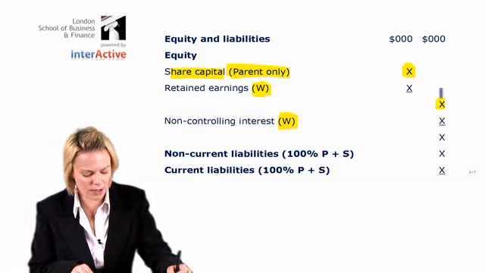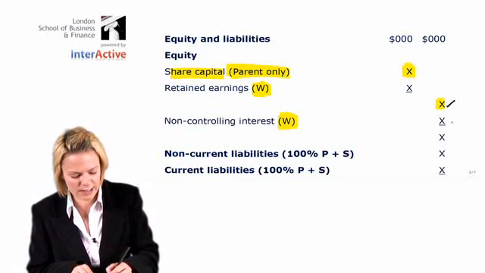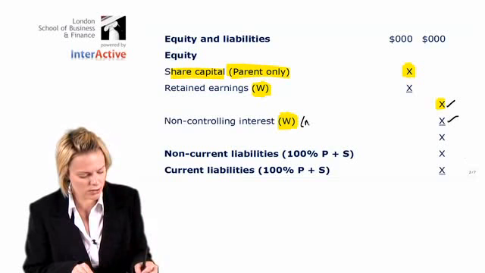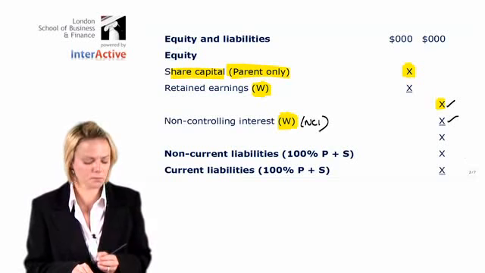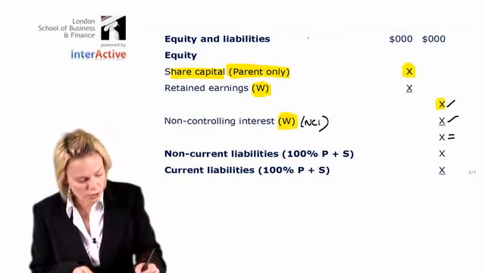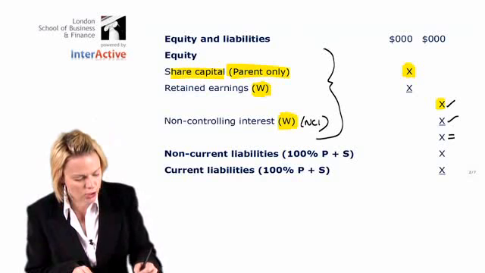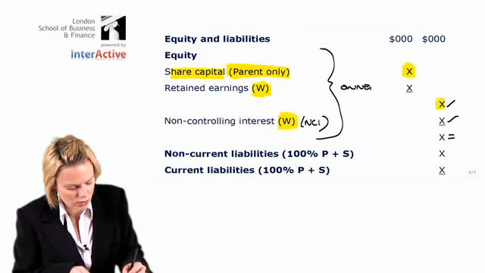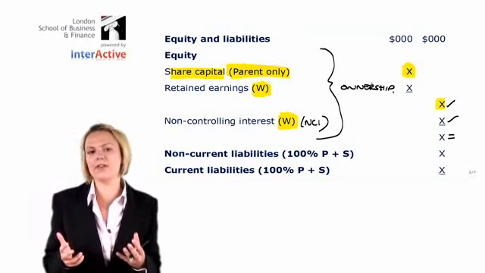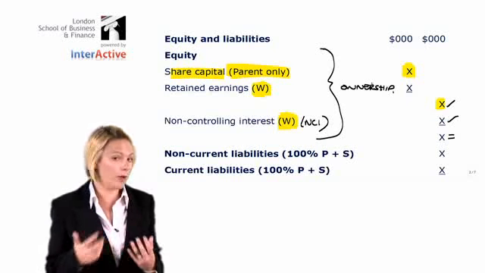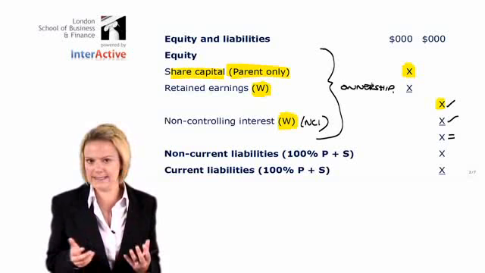The important thing to note, though, is that the parent's equity plus the NCI, the non-controlling interest, so I'll just abbreviate that to NCI, is going to equal group equity. Which means then that equity in the consolidated statement of financial position is based on legal ownership. You can't avoid the legal form forever. Remember, we only control assets and liabilities of the sub, but we only own 80% of it, let's say.